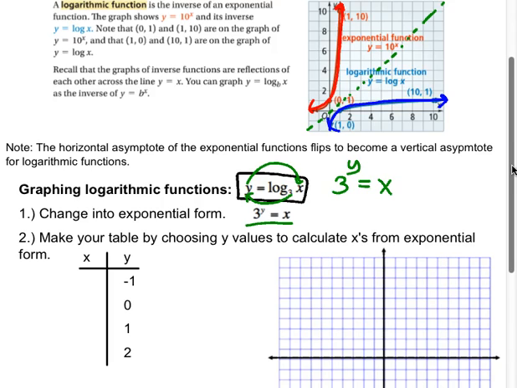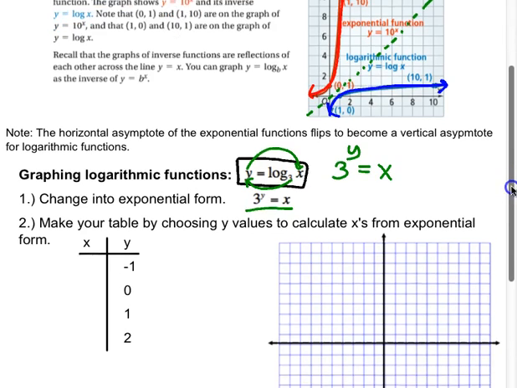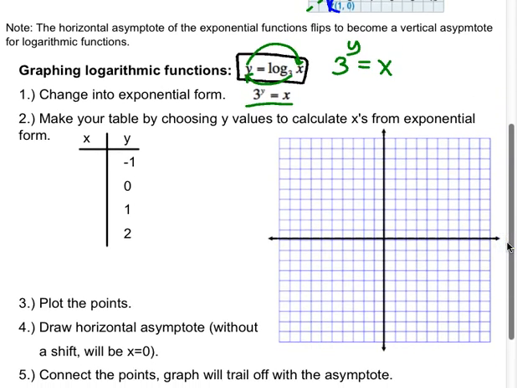Now, the interesting thing about this, the thing that's really backwards and you have to be very careful about, is we're used to picking x's and then calculating y. And what we're actually doing here is the exact reverse. Right now, we are going to be picking y values, and that's going to be computing x, because x is 3 to the y.